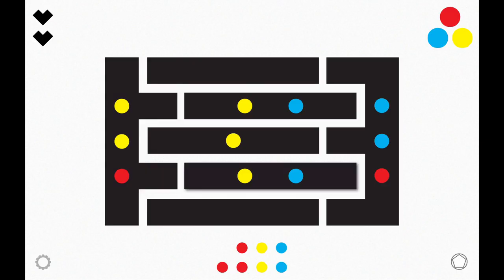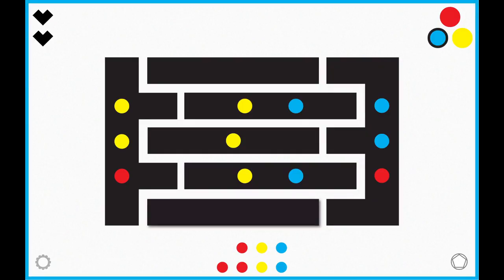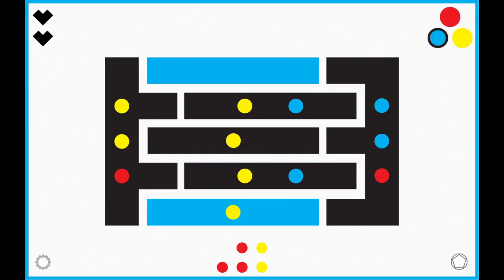So these might be a little easier. There's only 2 blues. So I'm thinking these are blue. And I'm thinking this one is red, but I have 3 reds for some reason.